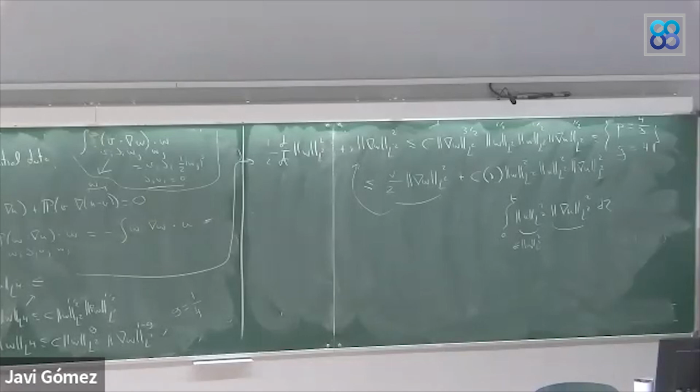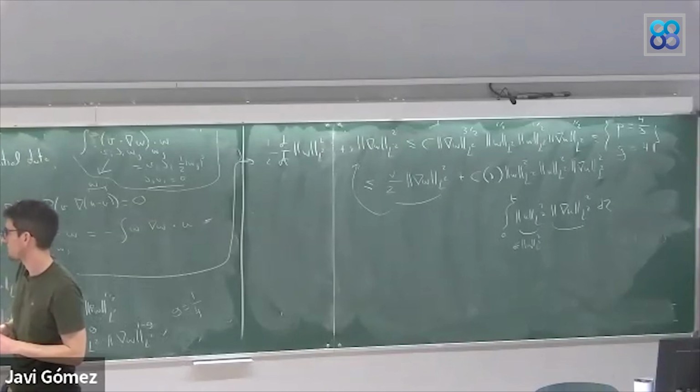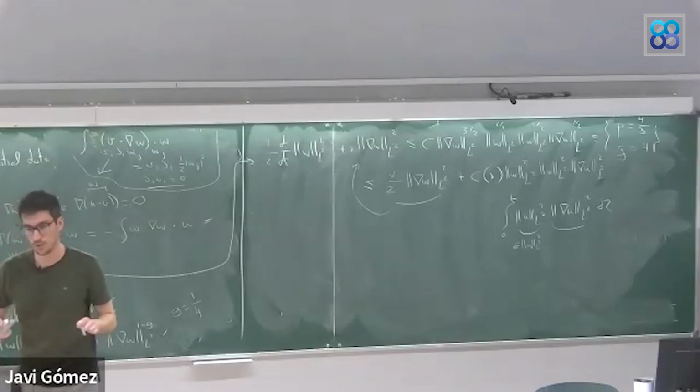Since I will do those things in more generality for critical spaces, I don't think it's worth repeating it. The part that is slightly harder is to prove that the solution you construct satisfies this part of the energy inequality. But yeah, I will just stop here.